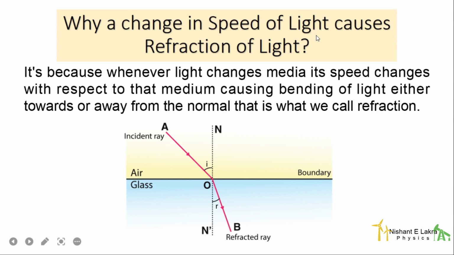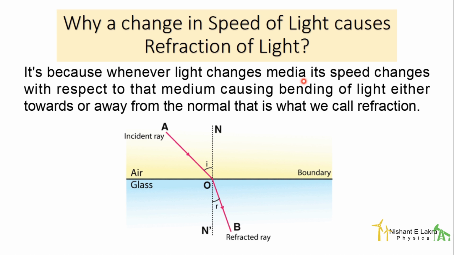Now let us understand why a change in speed of light causes refraction of light. This is because whenever light changes media, its speed also changes. I was telling you about rarer medium and denser medium. Air is rarer, glass is denser. And when we compare water and glass, glass is still denser and water is rarer.